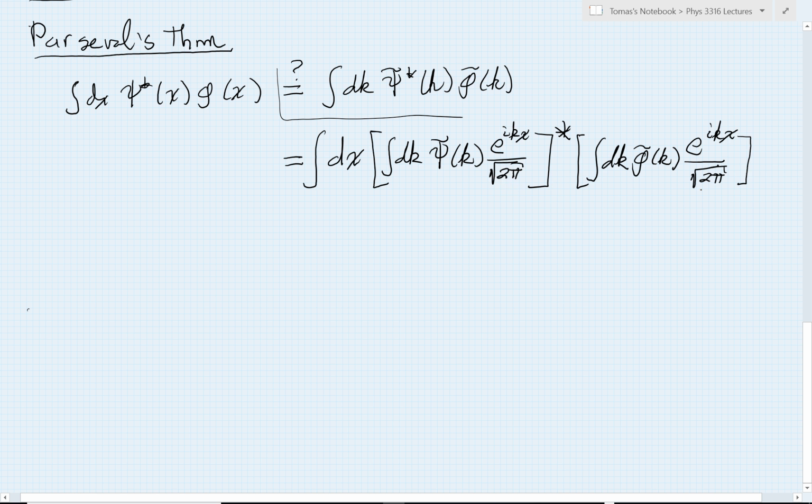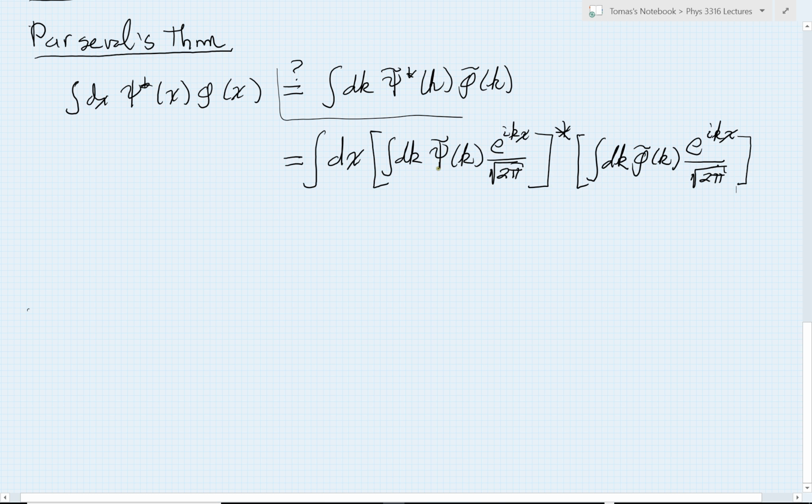Now, our job is to work with these integrals, but as I've said, the first thing you do whenever you insert one integral into another is you want to think very carefully about your integration variable. So let's think about this dk, right? This integration variable, it really only exists within my square brackets.